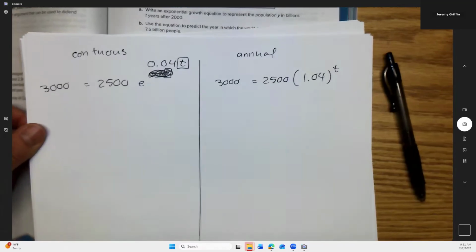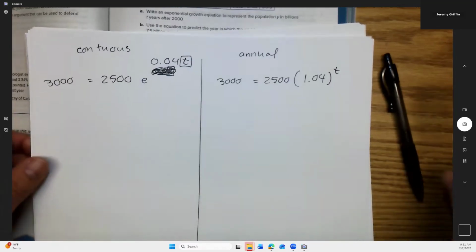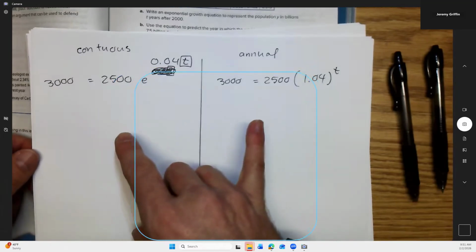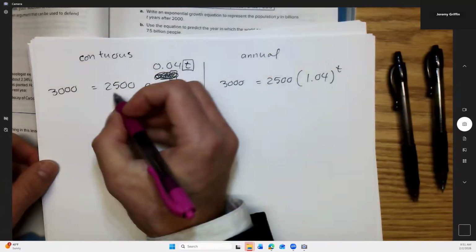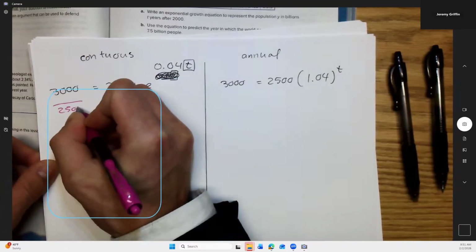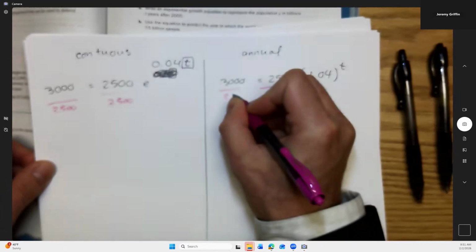Now, what's the next algebra step? Either method, divide down by 2,500, same thing over here.